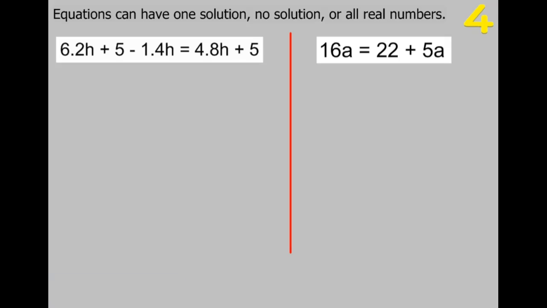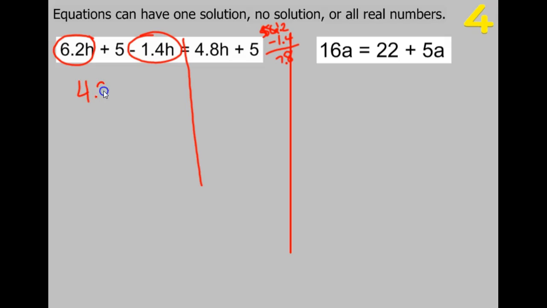Let's try a couple more like this. Draw your line down. Same thing, this one just has decimals. 6.2h and a negative 1.4. Well, 6.2 minus 1.4 would be 4.8h.